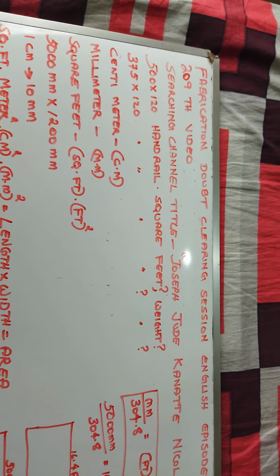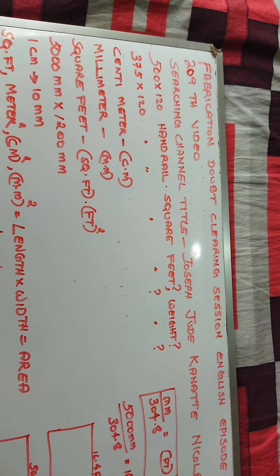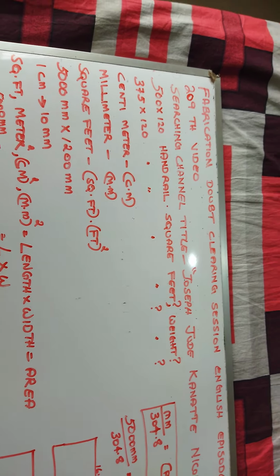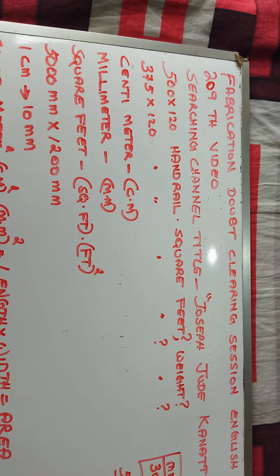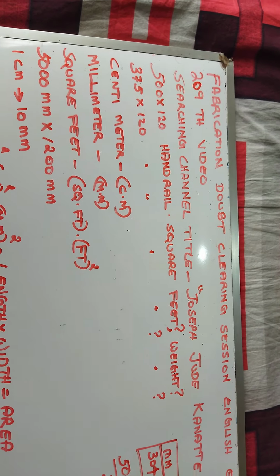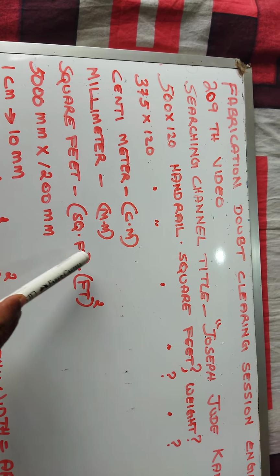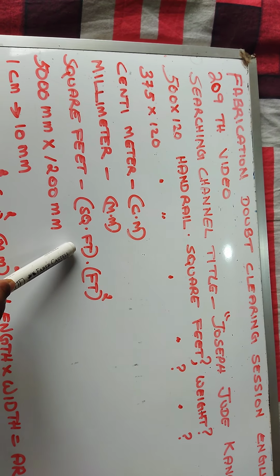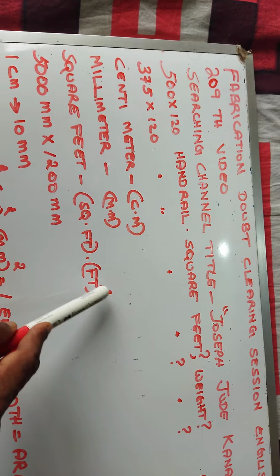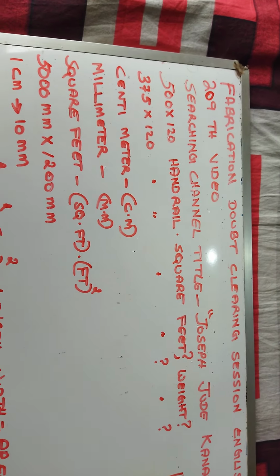When I start this class, first of all, I will be using some short forms like cm, mm, sq.ft, ft square. What is the meaning of all these?